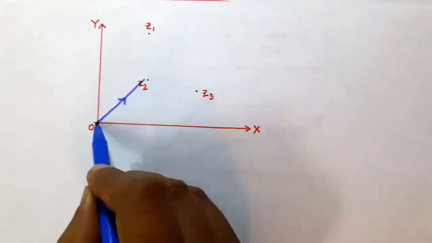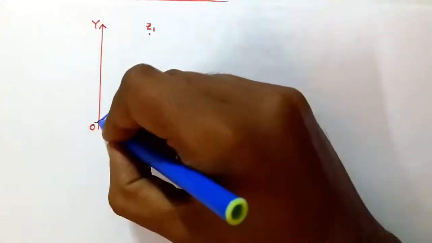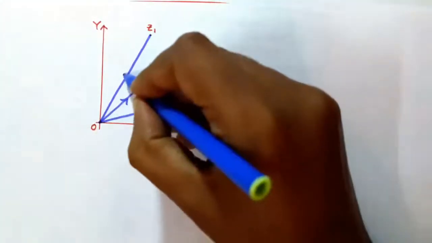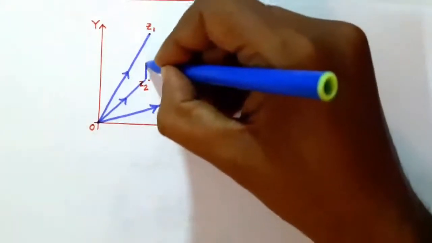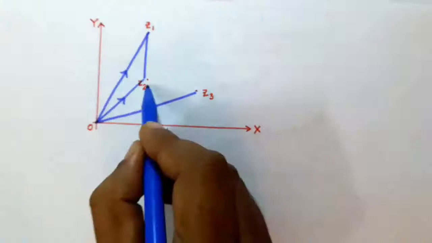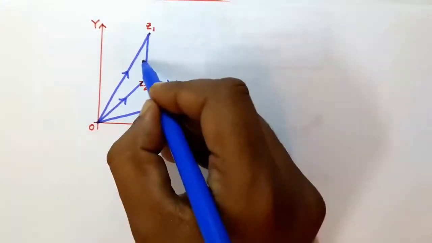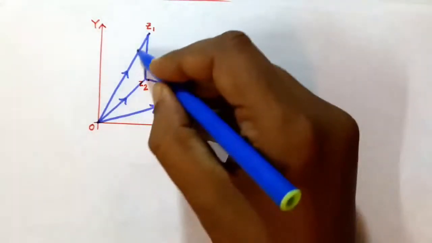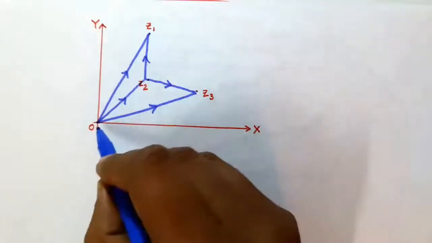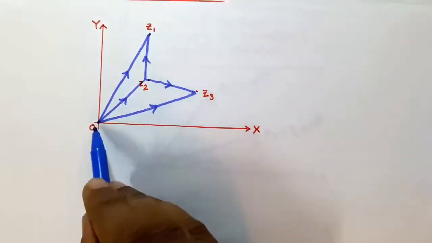This is Z2 vector, this one is Z3 vector, this one is Z1 vector. Also we join Z2 Z1, Z2 Z3. So this is the Z1 vector with respect to origin, Z2 vector with respect to origin and Z3 vector with respect to origin.